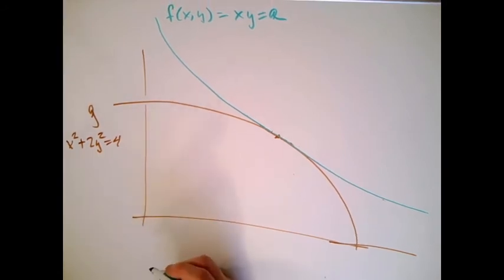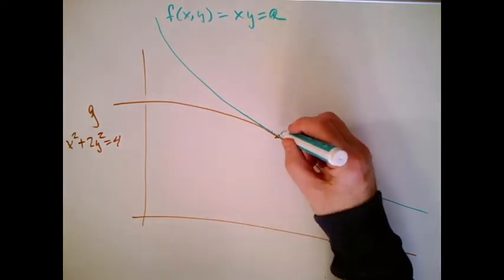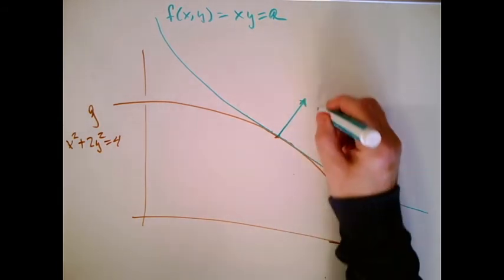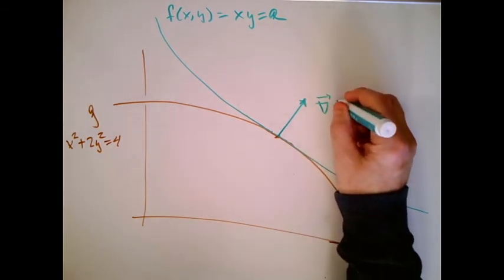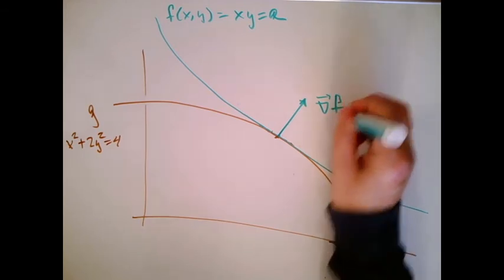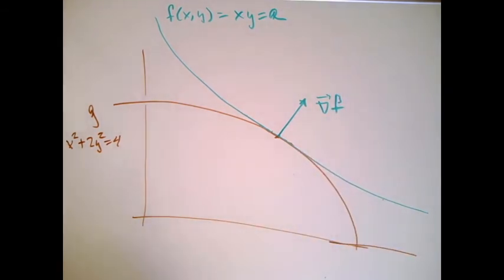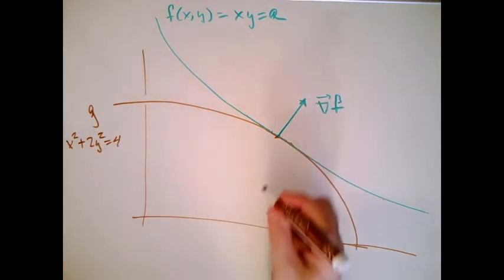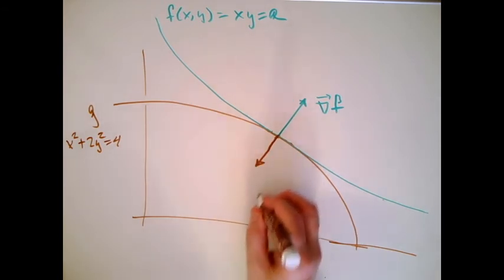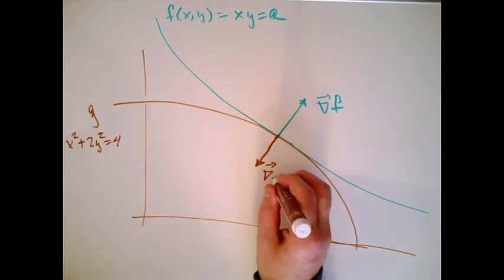We do worry about vectors, and in terms of vectors, saying they're tangent says that when I draw the gradient vector of f like that, and I draw the gradient vector of g. I don't know if it points out, I don't know if it points in. I'm just going to draw it pointing in just so I have some room to draw it, right? That's the gradient of g.